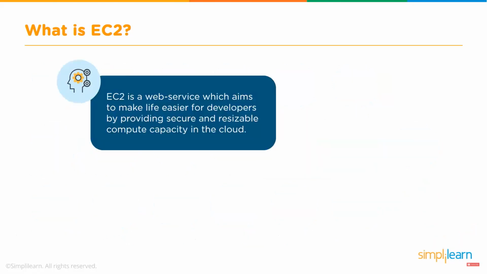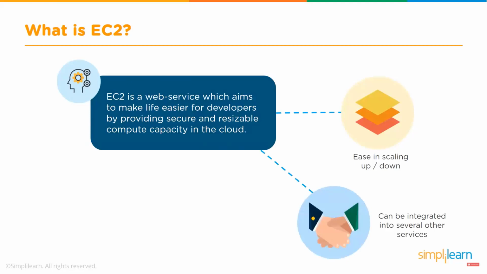EC2 is a web service which aims to make life easier for developers by providing secure and resizable compute capacity in the cloud. With EC2, it is very easy to scale up or scale down our infrastructure based on the demand. Not only that, the EC2 service can be integrated well with almost all the services in Amazon. And the best part could be that we only pay for what we use.